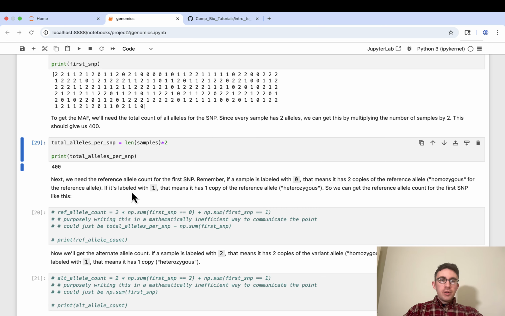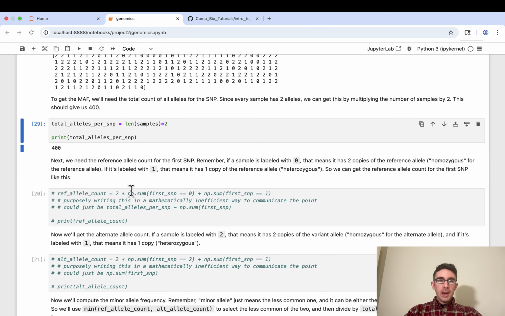So now what we want to do for the first SNP is count how many copies of the reference allele there are in this whole population. We have our total alleles for this SNP, that's 400. Out of those 400 allele copies, how many were the reference allele?